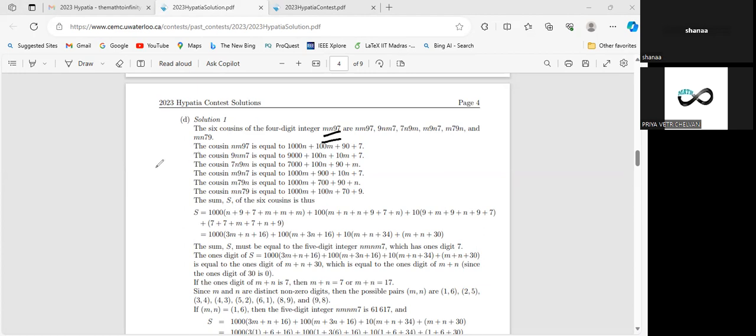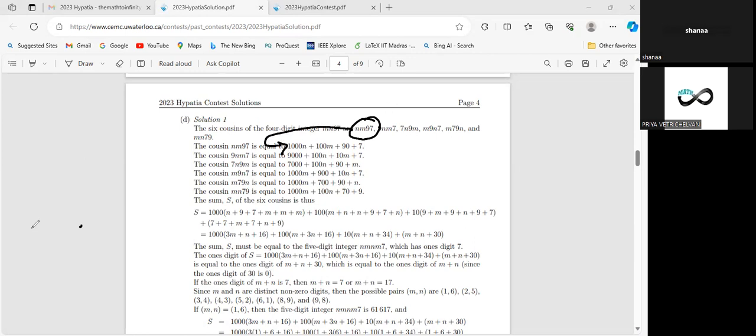So now if you expand them, it will be 1000N, 100M, 90 and 7. They are expanding this one.